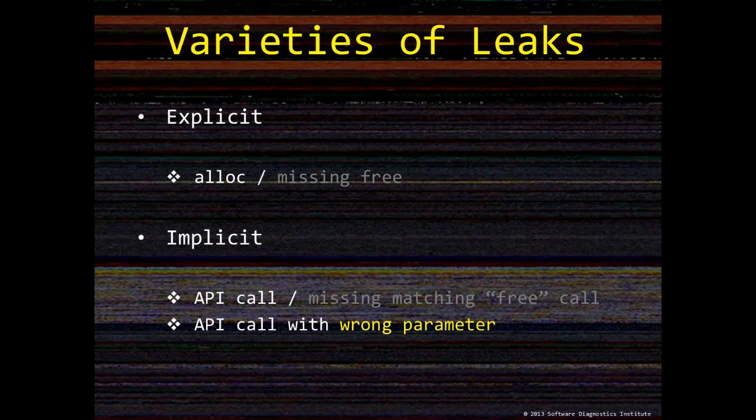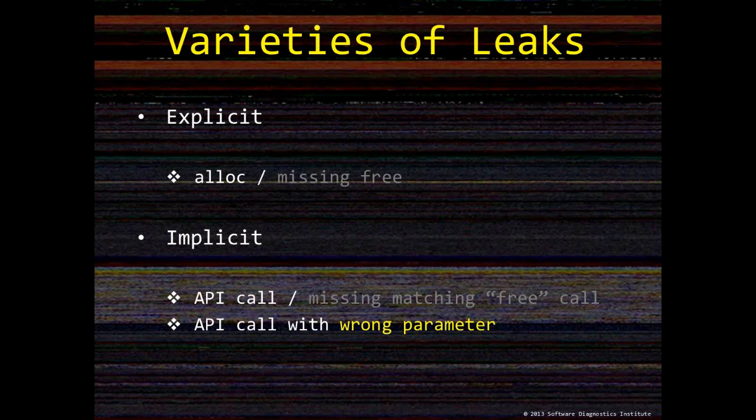For example, when we call some API functions, for example Win32 or any other, but they internally allocate memory, and we forget to call functions that, for example, destroy this internally allocated memory.